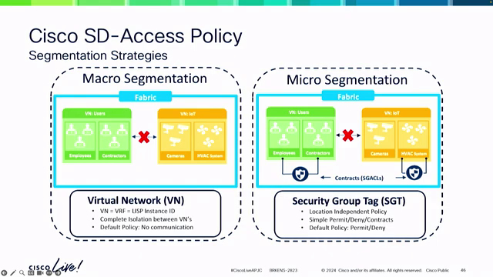However, if you want to do something different, like in micro segmentation, look at the VN user. Now instead of one universal set, we have two roles assigned to the users. One is employee, one is contractor.